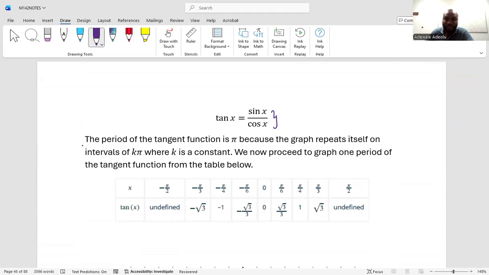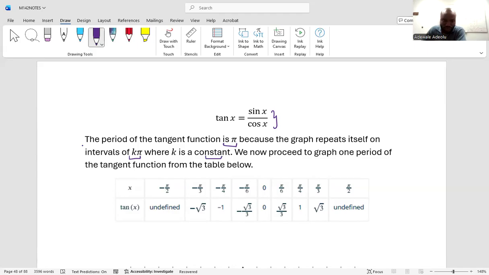That is, tangent of an angle is sine of an angle divided by the cosine. Now, the period of tangent is pi, not 2 pi, it is pi. And we'll see why. Because the graph repeats itself on intervals k pi or pi k, where k is a constant.